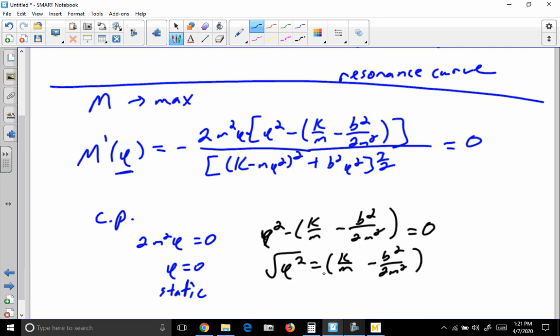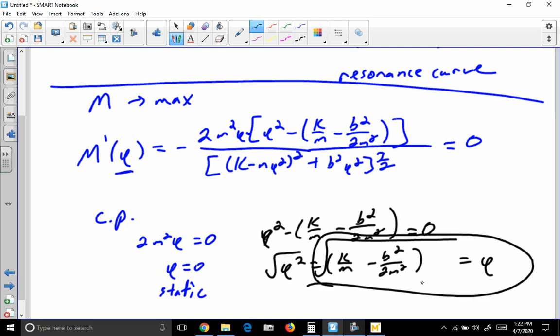So take the square root of both sides. So that's the other critical value. If it's not static, if we do have a driving force that's oscillating, then that's our other critical value.